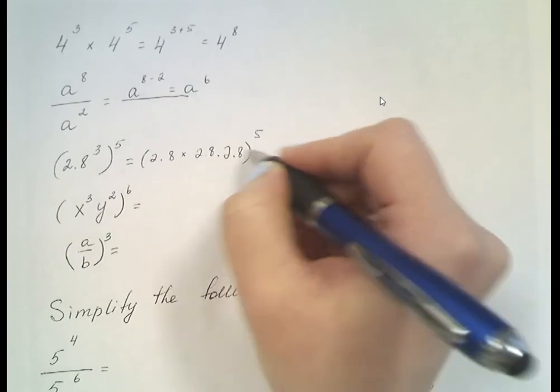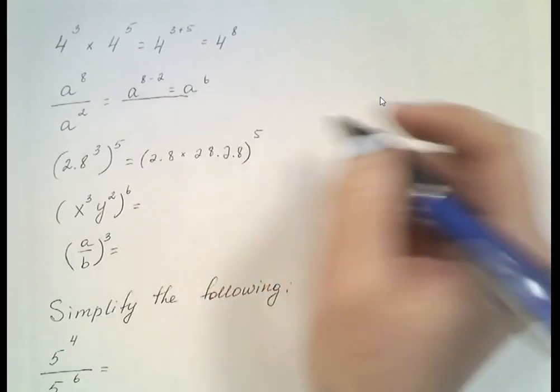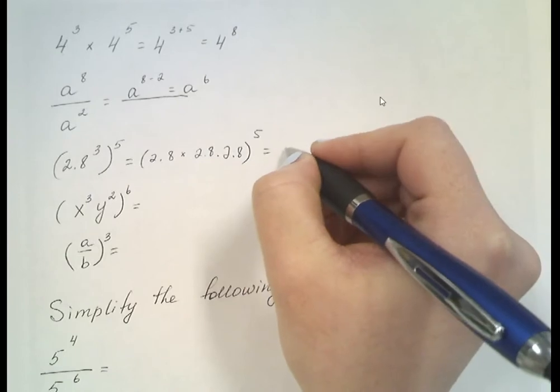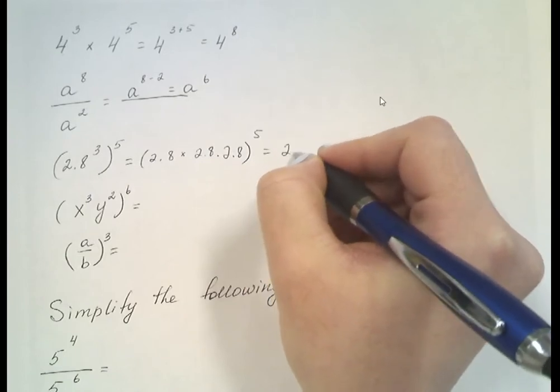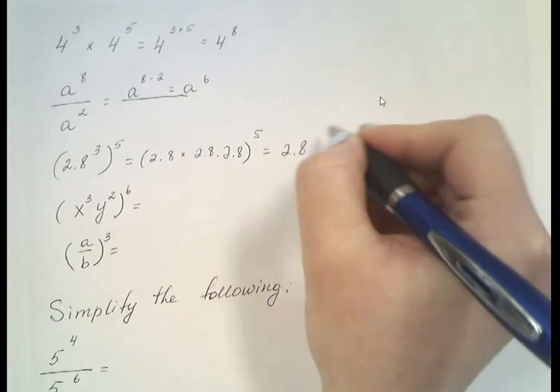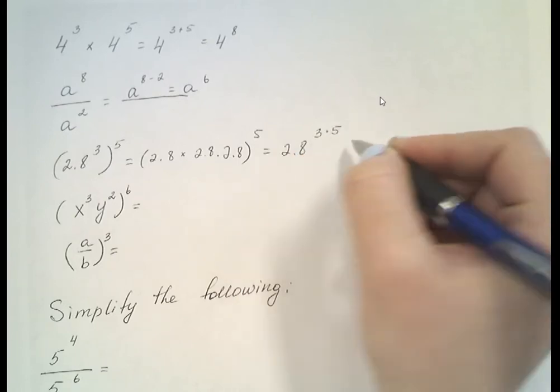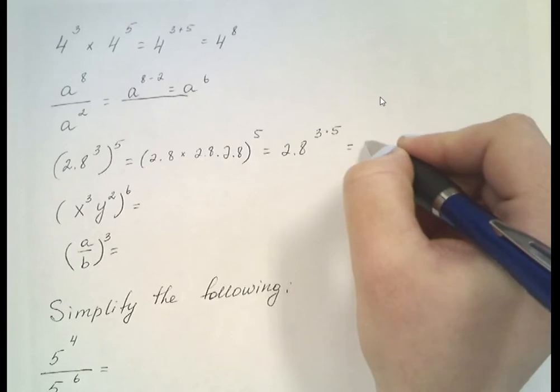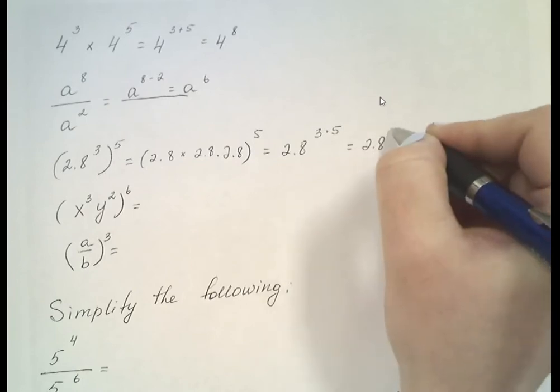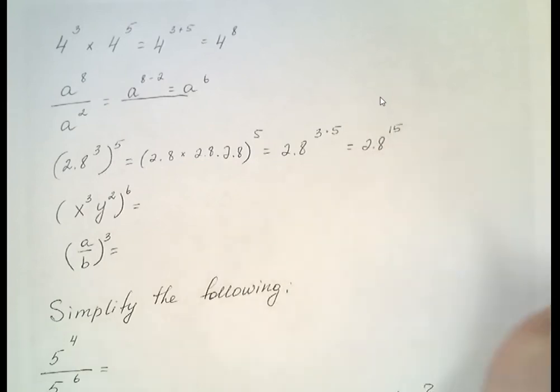That means that I will have to write that 5 times. So basically, I'm going to simply multiply the exponents of 2.8. So 2 and 8 tenths to the power of 3 times 5, which is 15, right? 2 and 8 tenths to the 15th power.